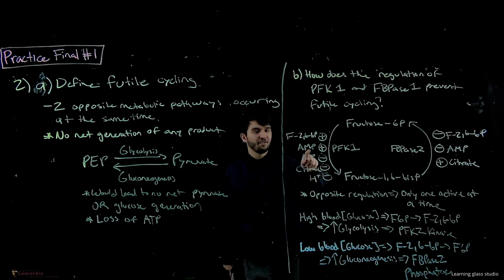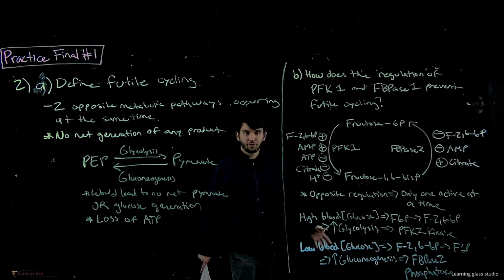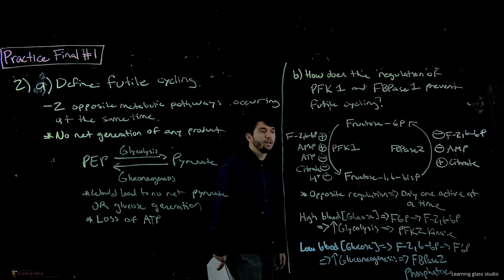So this is activated by fructose 2,6-bisphosphate, not fructose 1,6-bisphosphate, fructose 2,6-bisphosphate. It's activated by AMP, inhibited by ATP, inhibited by citrate, inhibited by H+. If you want more explanations for this, go watch the videos on glycolysis and gluconeogenesis that I have made.